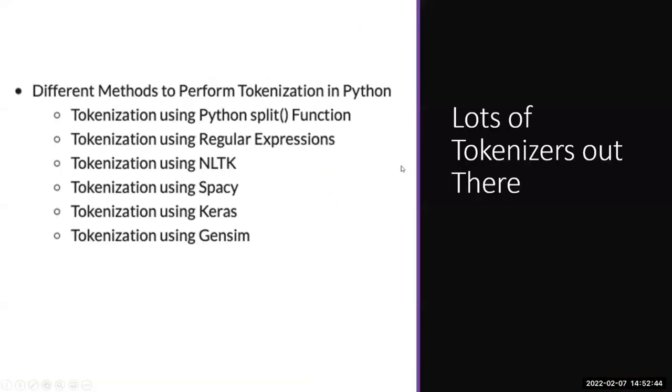Okay, so there are lots of tokenizers out there, with different things that can help you do tokenization. Number one, use split. Second, use regular expressions. So in this lecture we use split and also an AHA tokenizer, and we will introduce regular expressions, but the use of regular expressions for tokenization will be saved for the next lecture.